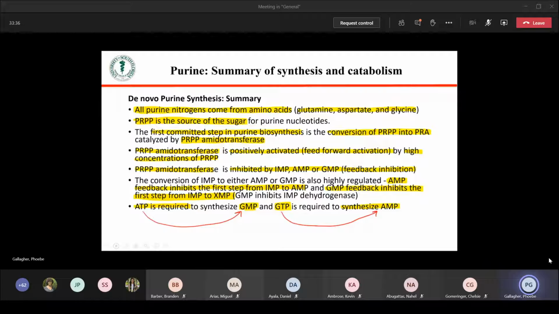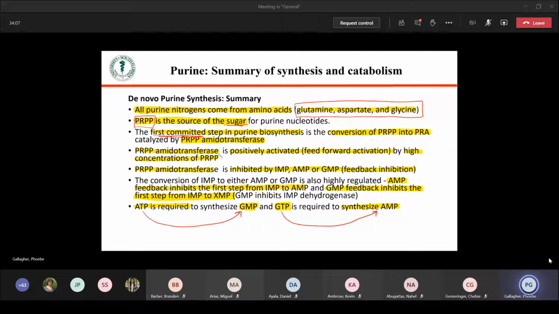Okay, so here's your summary. Read through this and get the main points because these are important and likely what she's going to test on. Essentially you have to memorize these 3 amino acids that contribute nitrogens for purine synthesis. Know that PRPP is the sugar group that is added to the purines for them to become nucleotides. Know your first committed step and the enzymes, the reactants, and the products that go into that.